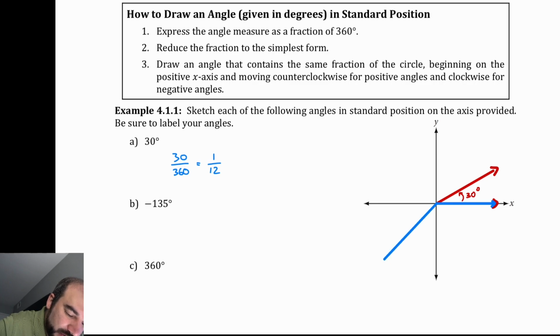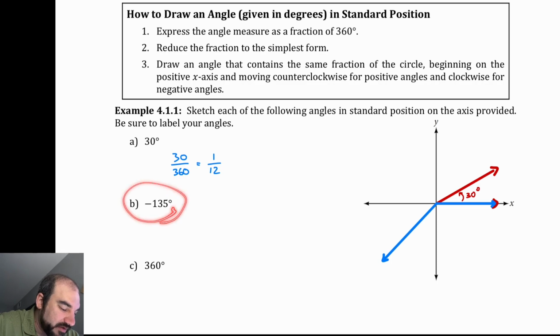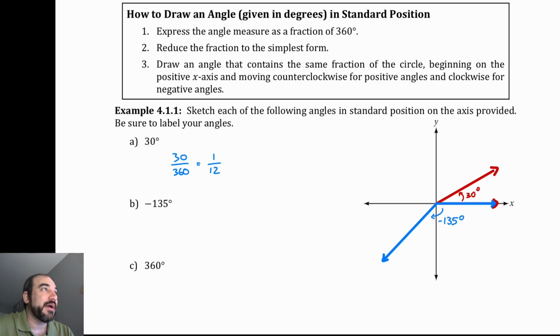And you can figure out exactly where it is if you figure out how far it is from negative 90 and from negative 180. It's 45 degrees away from both, which means it should be right in the middle of the third quadrant. I will label this one negative 135 degrees and opening in that direction.